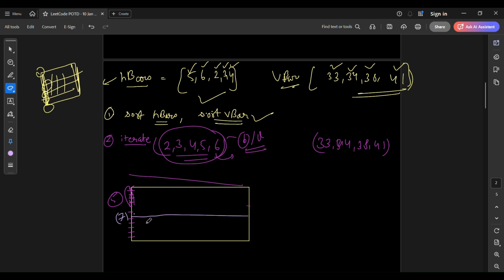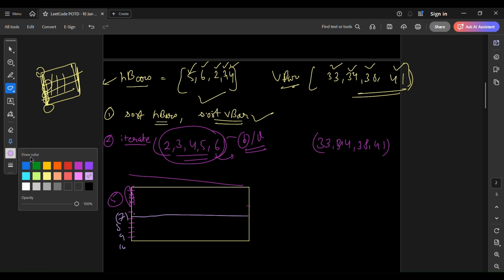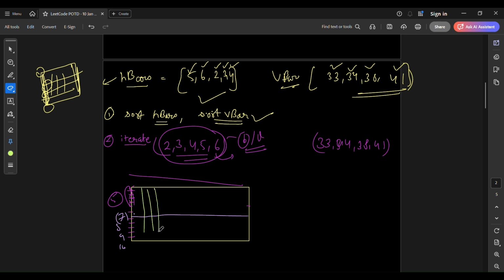So there will be horizontal lines after 7, so there will be 7, 8, 9, 10, and multiple lines. But for the vertical lines, there will be 1, 2, 3, 4, 5, 6 and multiple lines. But let's say we have come to the 32 part.